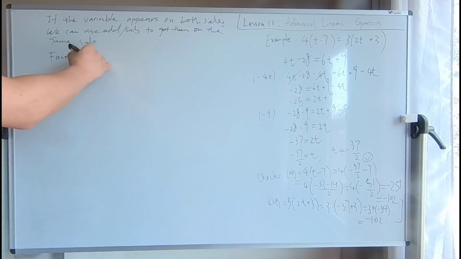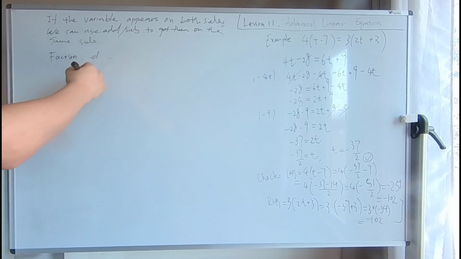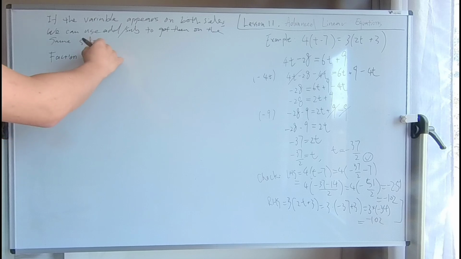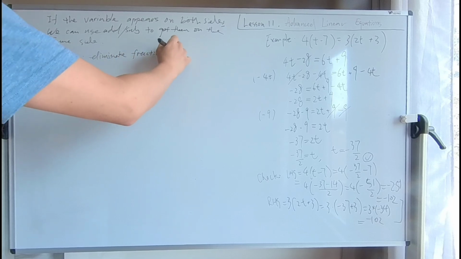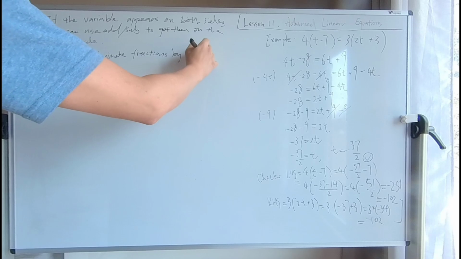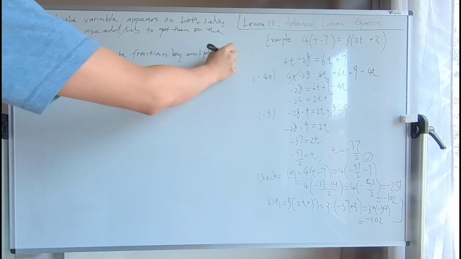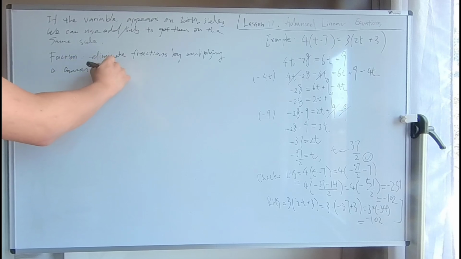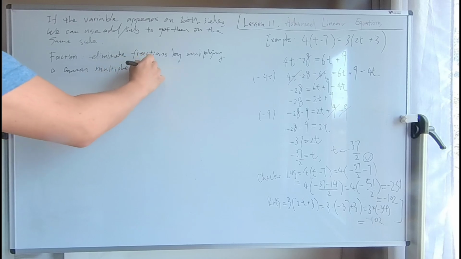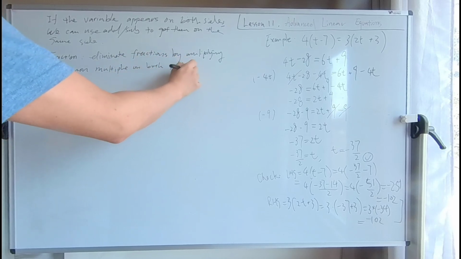If you don't like fractions, you can eliminate the fractions by multiplying a common factor or common multiple on both sides of the equation.